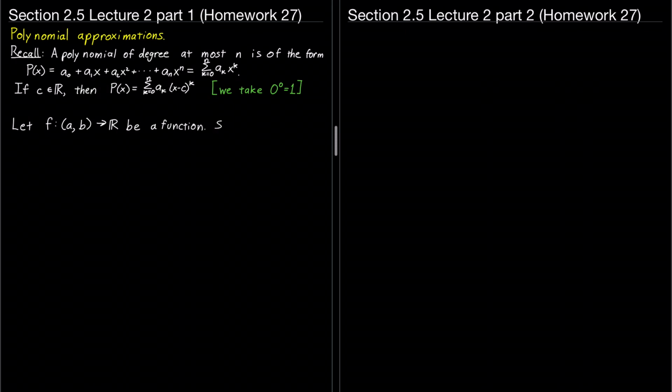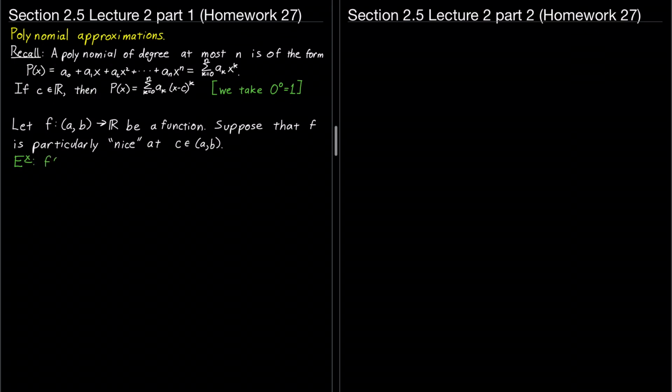And let's suppose that f is particularly nice or well-behaved at a certain point c in its domain. So what do I mean by nice? Let me give you a couple of examples.